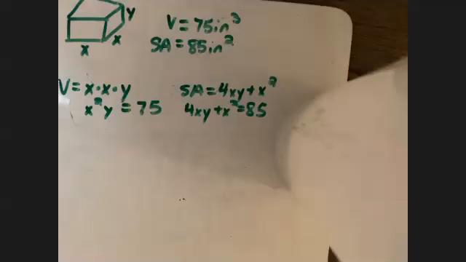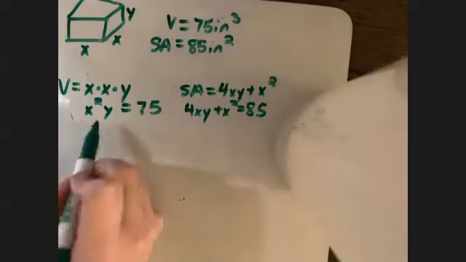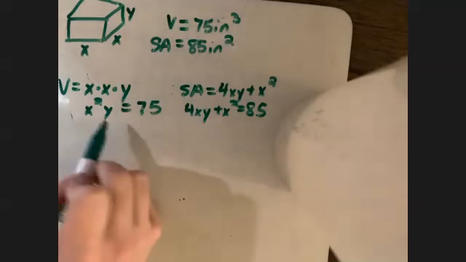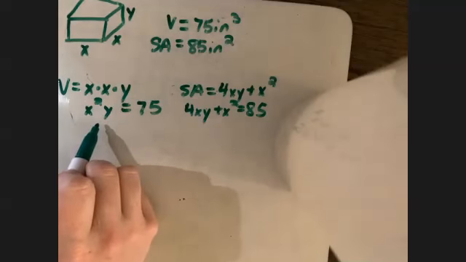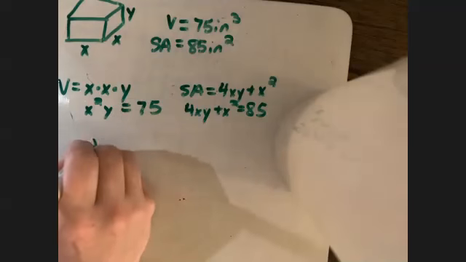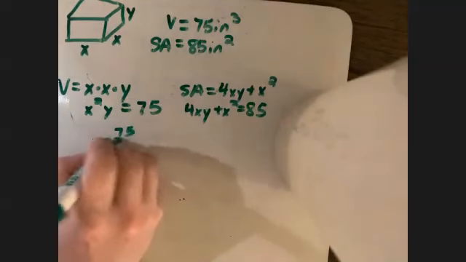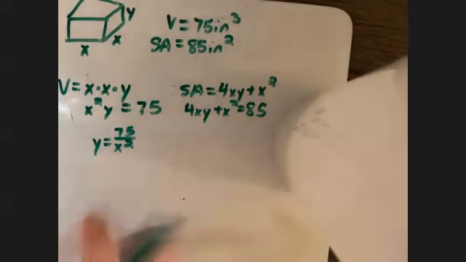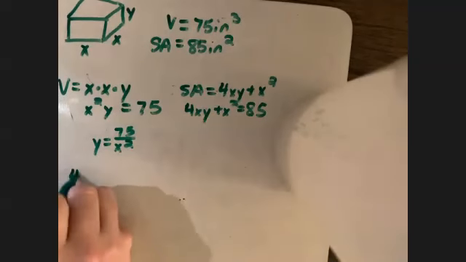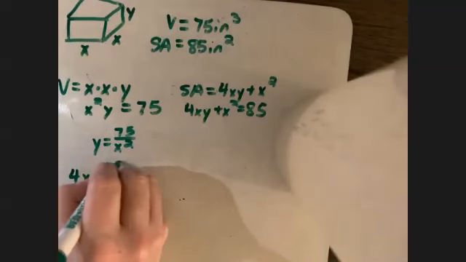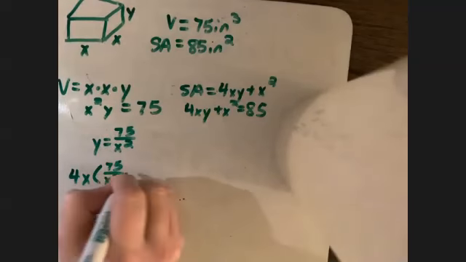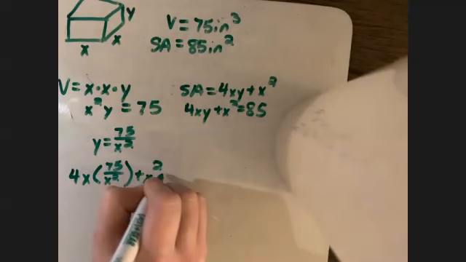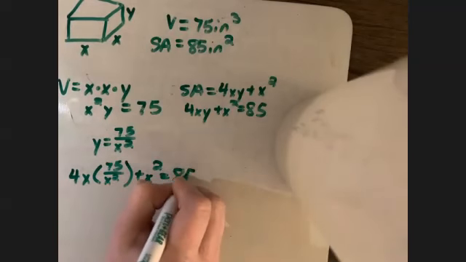Now, what I'm going to do for this one is solve this equation for y, kind of like what we saw in that one that was kind of involved. So y is 75 divided by x squared. And now I'm going to replace it. So I've got 4x times 75 over x squared plus x squared equals 85.